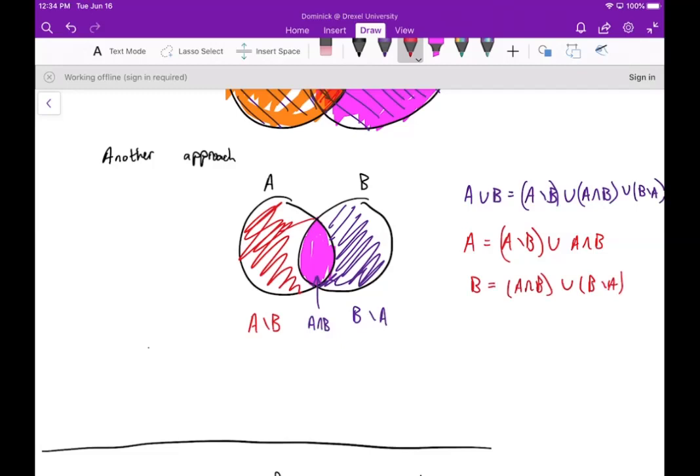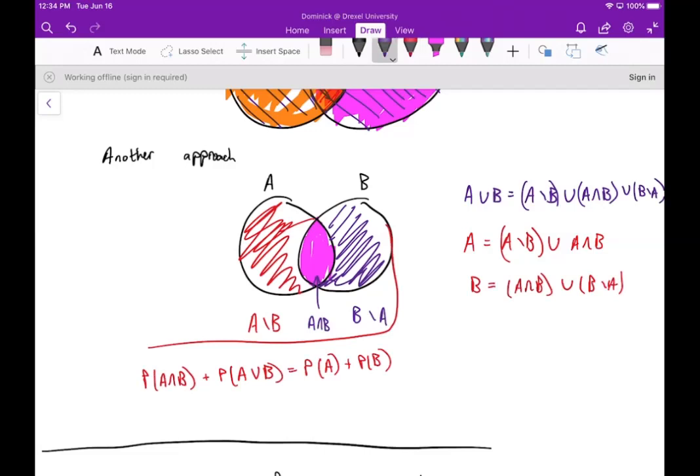Now remember that what we're trying to show is that the probability of A intersect B plus the probability of A union B is equal to the probability of A plus the probability of B. Well, now let's replace some of these things.